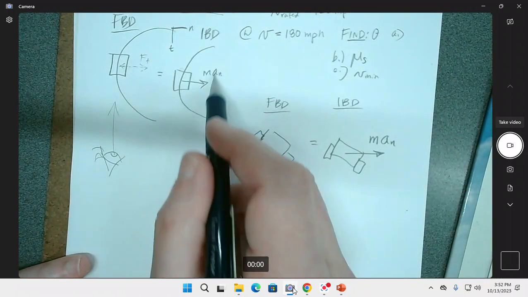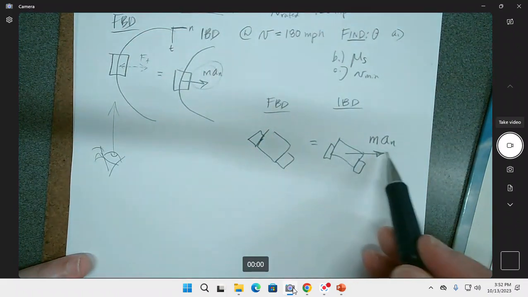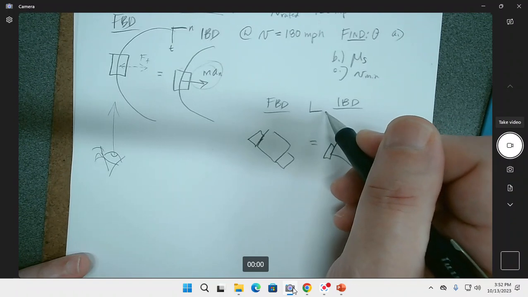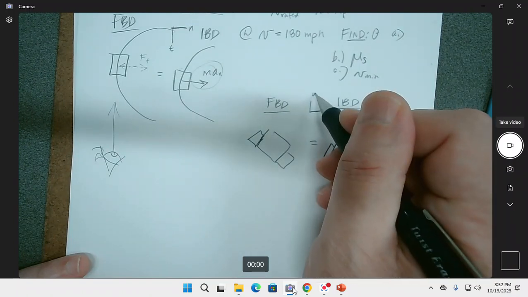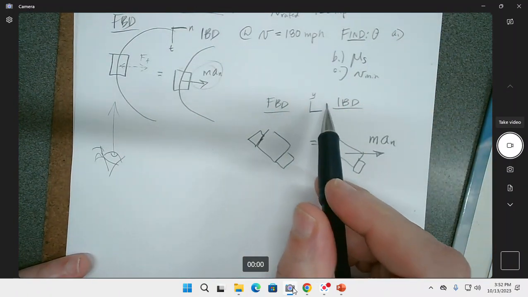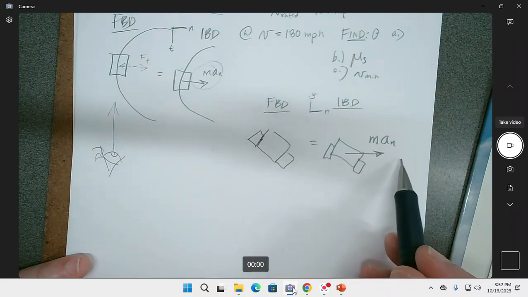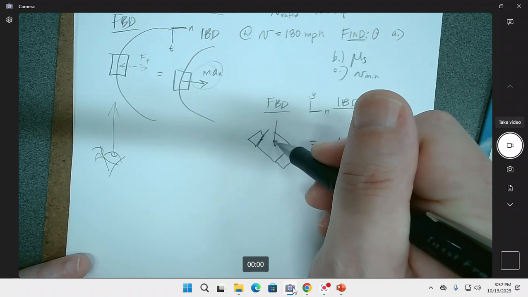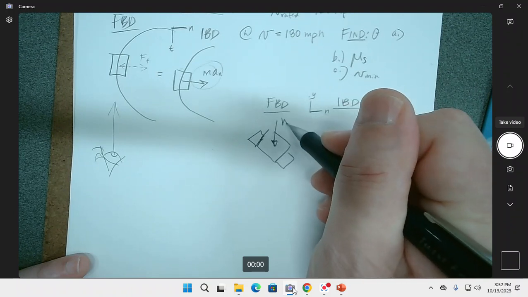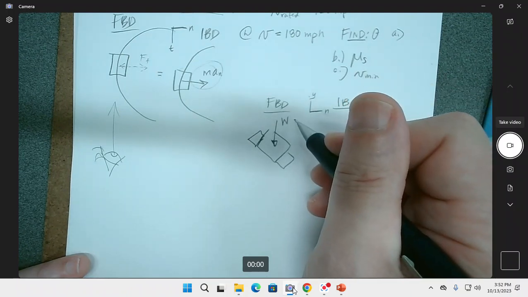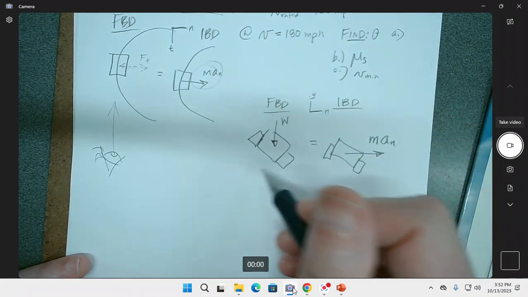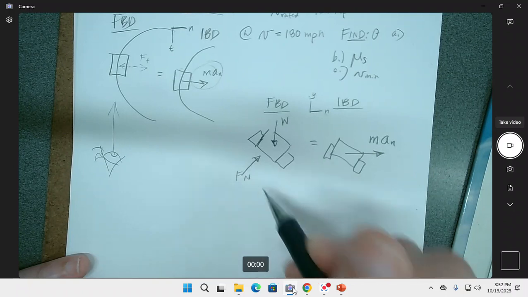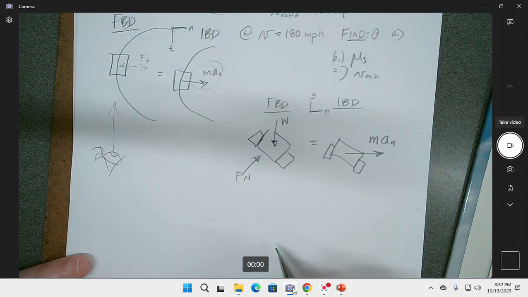That's the reason why I drew this up here, because it's kind of weird to do it from this point of view. We could draw our N, and that could be our y right there. Our normal is going towards the center. And so here we have a weight coming in this direction. And then I'll just draw an Fn taking place right there.